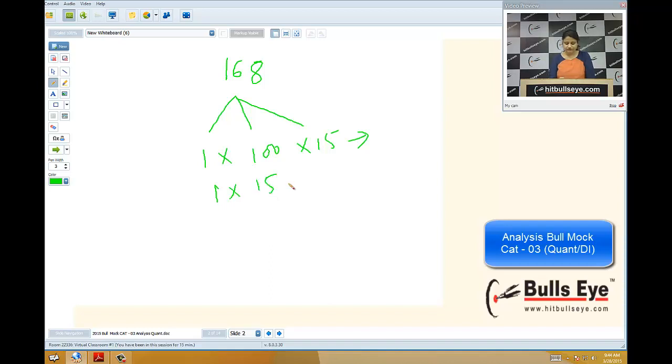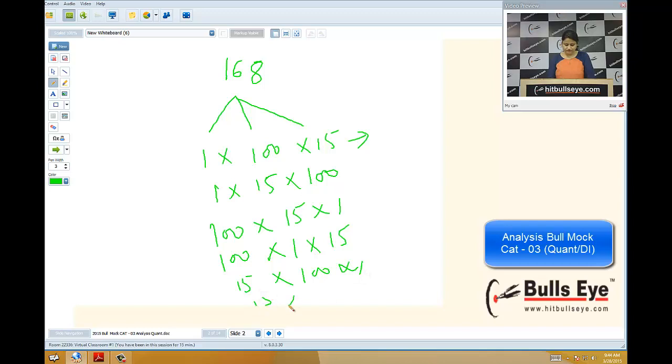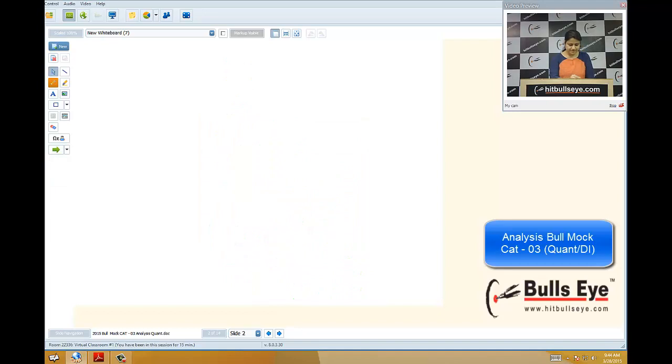For example, 1 into 15 into 100, 100 into 15 into 1, 100 into 1 into 15. 2 more cases we are left with, 15 into 100 into 1 and 15 into 1 into 100. So every case is giving us 6 more cases. We got 168 cases, and 1 is equivalent to 6 cases. So it will be nothing but 28 cases.